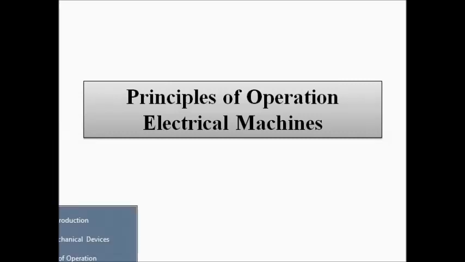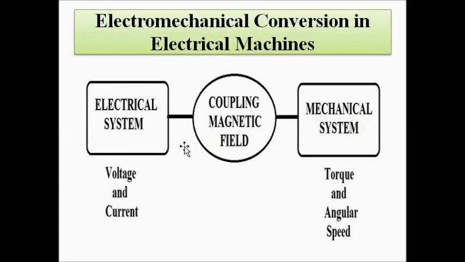So the rotating electrical machines, we have already discussed that it essentially involves conversion of electrical energy into mechanical energy. So it involves an electrical system, a mechanical system on the two extremes with a coupling magnetic field.